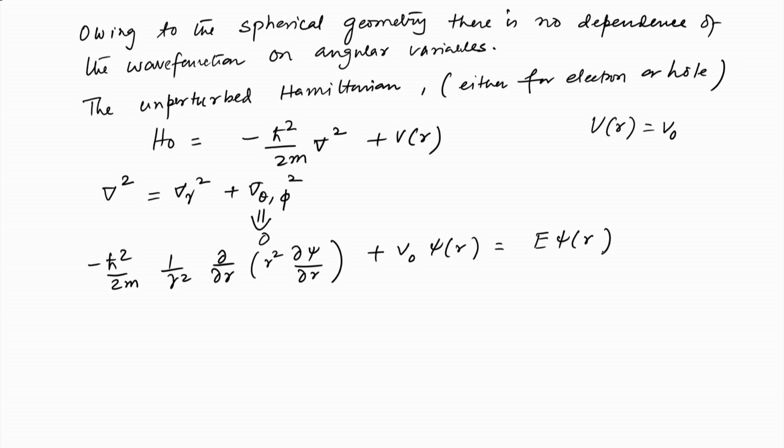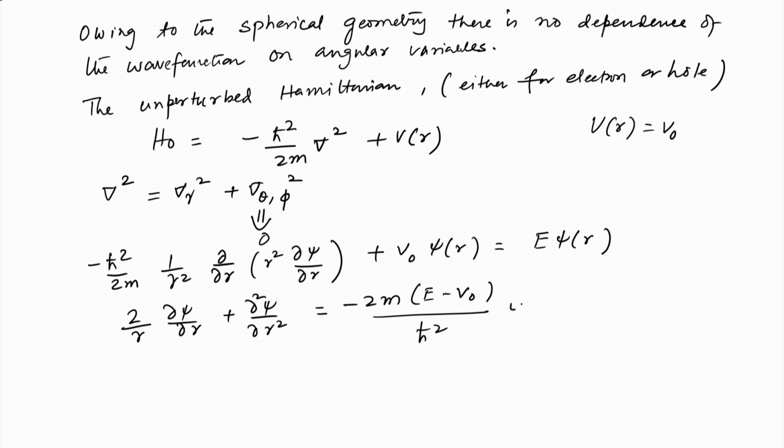That is the time independent Schrodinger equation for the radial part, and if you simplify this, it becomes 2 by r del psi del r plus del 2 psi del r 2, equal to minus 2 m times E minus V naught divided by h cross square psi of r. I am not going into the solution, but you will find it in a number of places, including the hydrogen atom or even the spherical 3D oscillator.